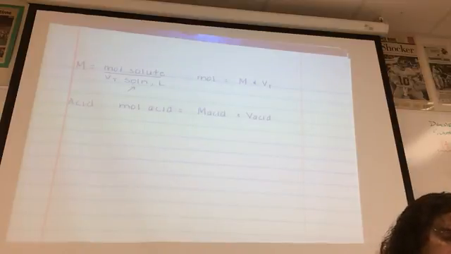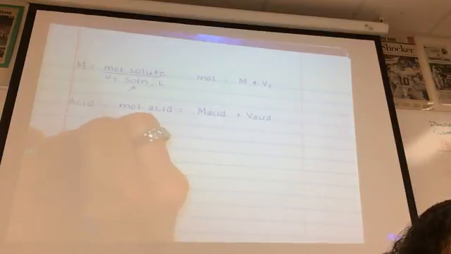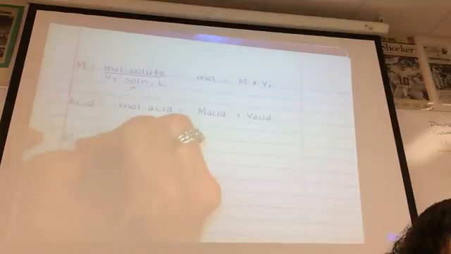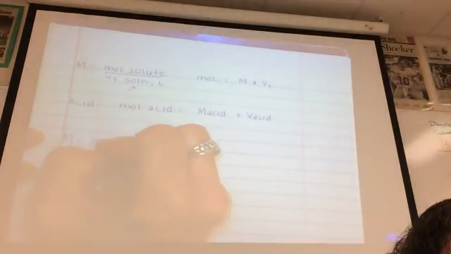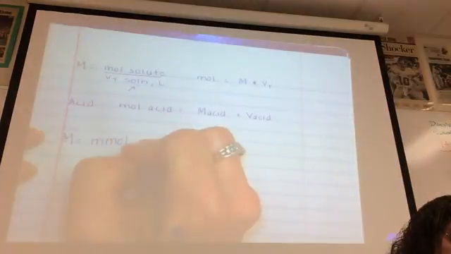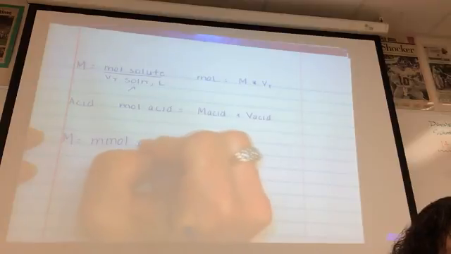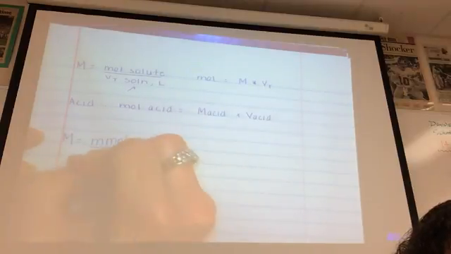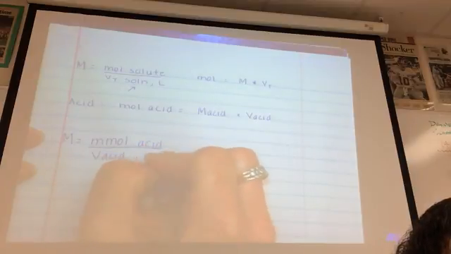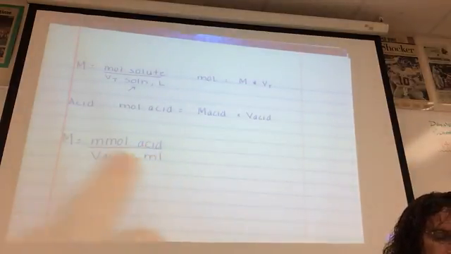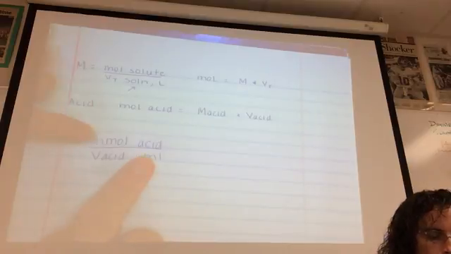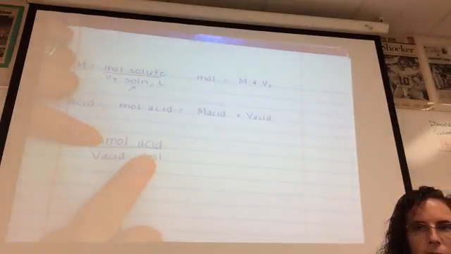our solution chapter. However, we could do molarity as millimoles, let's say, of acid over the volume of acid in mLs. The mLs will cancel, and you'll essentially have moles per liter.